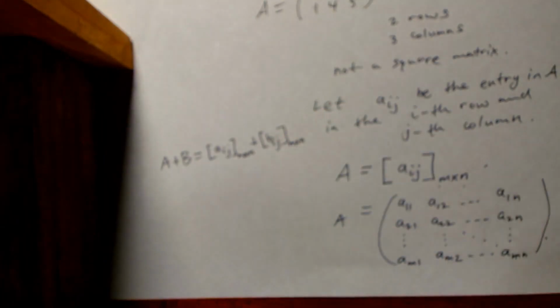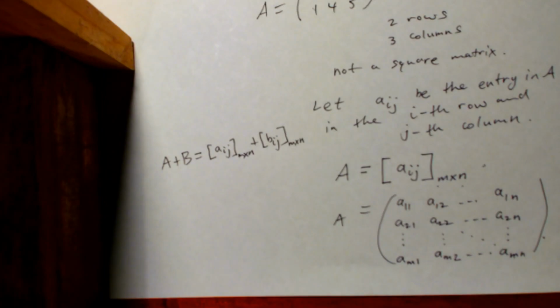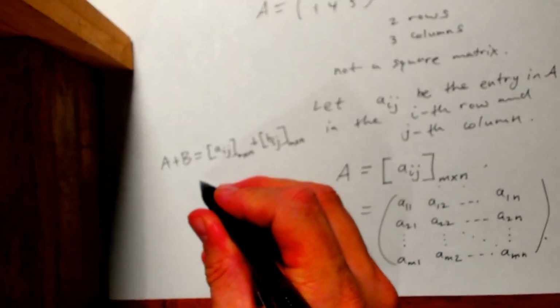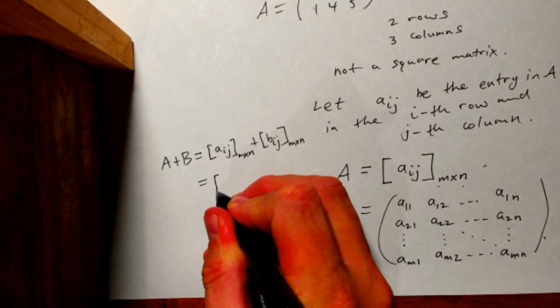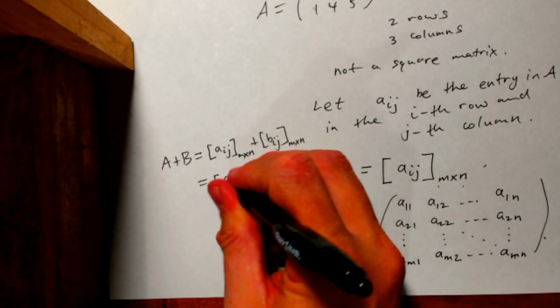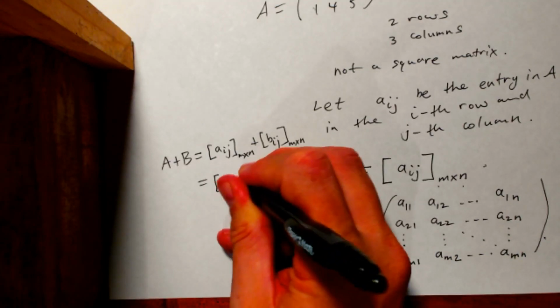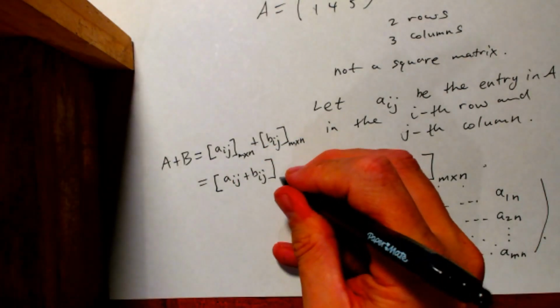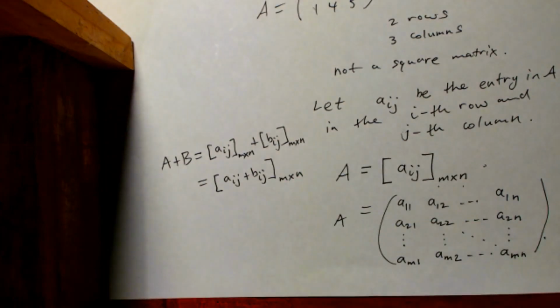If that is also an m by n matrix, then the sum is defined. I would just add the corresponding entries in the same row and column, so I could characterize the sum as A_ij plus B_ij, which is also an m by n matrix. Similarly, you could do that for the difference of the two matrices.